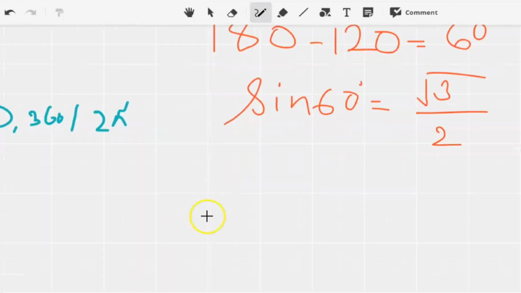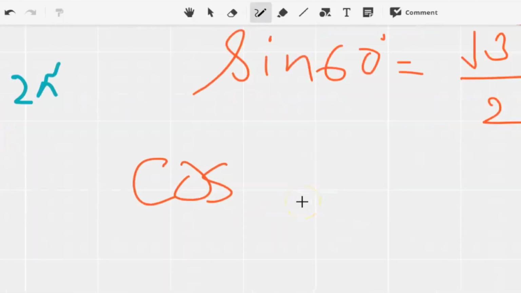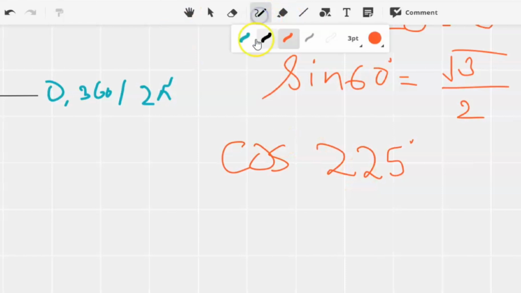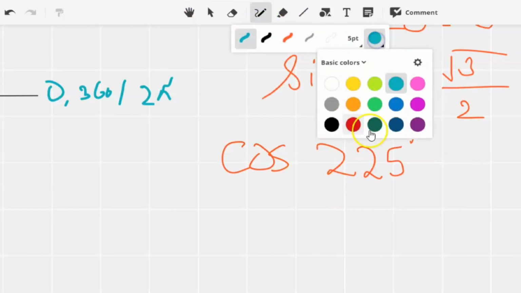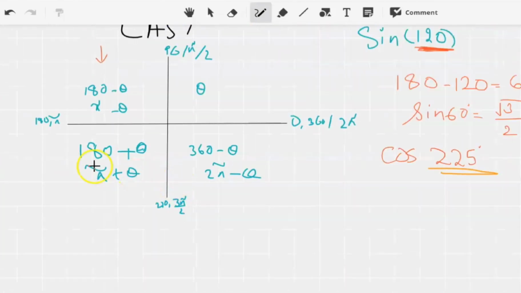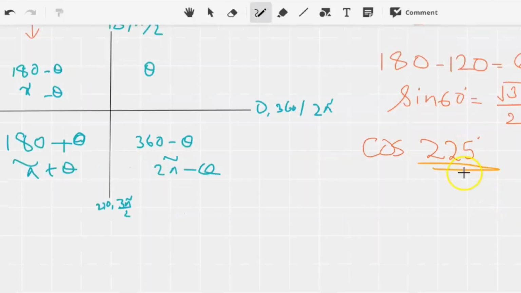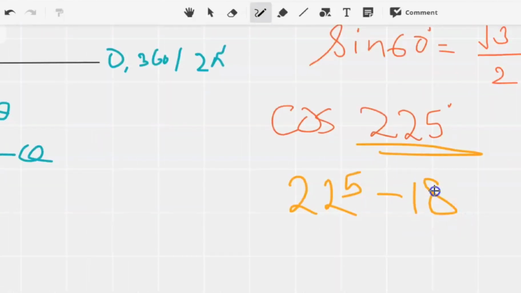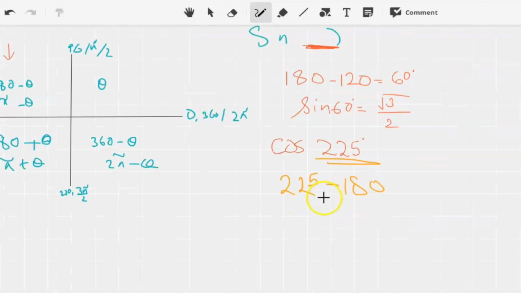So let's say you have cos 225. Okay. Now first thing you need to see is, where is 225? 225 is less than 270. So in this one it is going to be over here, which is 180 plus theta. So that means what you are going to do is 225 minus 180. So this is going to be 45.